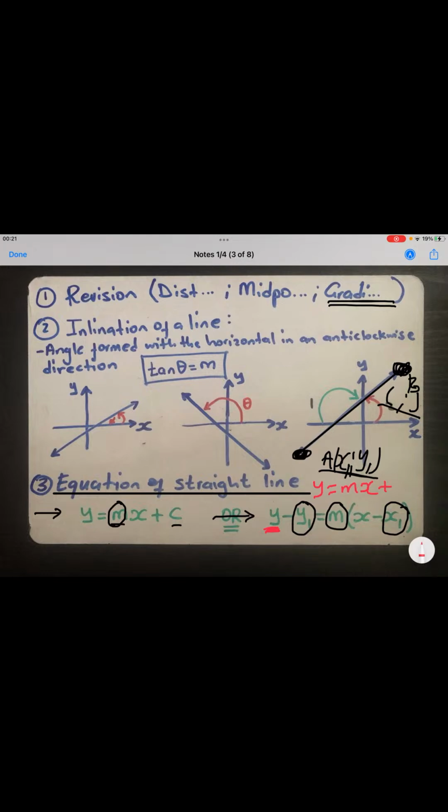Obviously, the gradient, you would have calculated it there, and then that c, you will work it out as you simplify that after you have substituted.